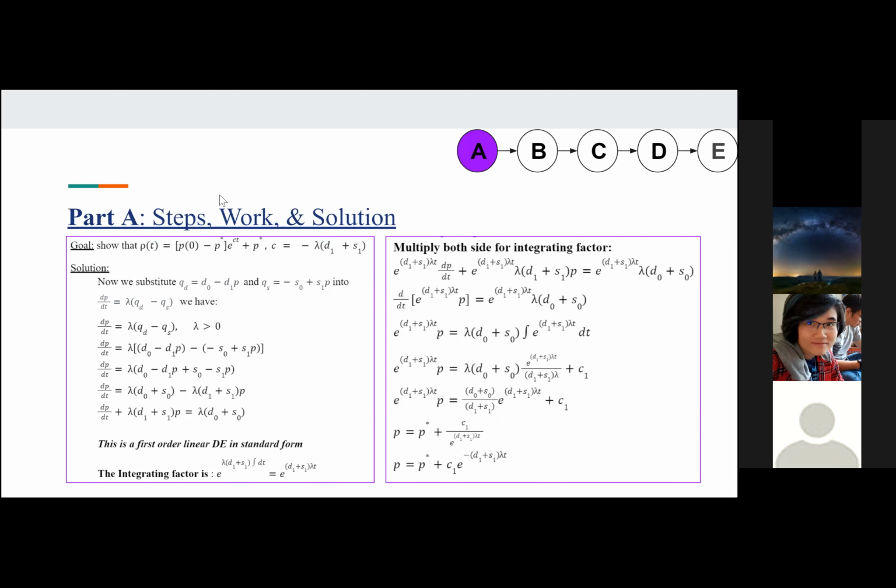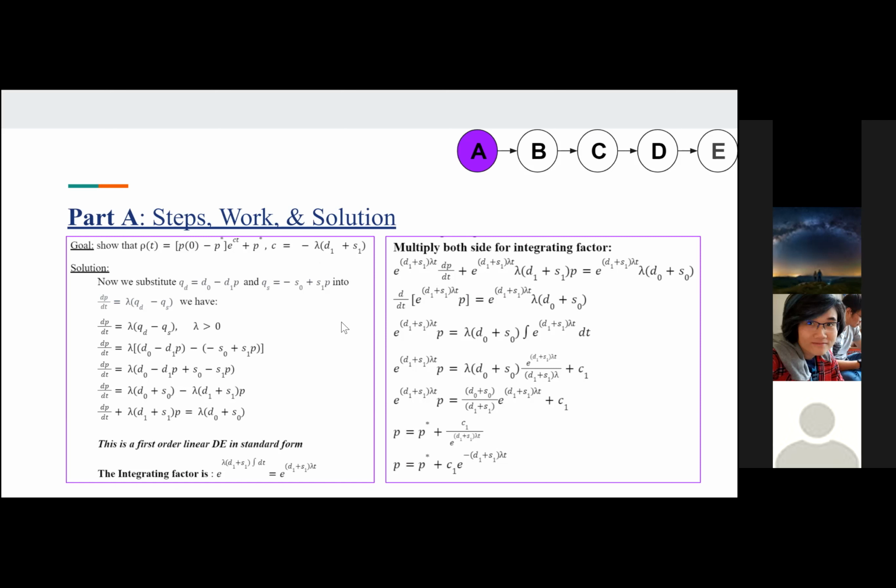Our goal in this step is showing that our equation for the price over time is P(t) equal to P0 minus P star, multiplied by e to the ct, plus P star, where c is equal to negative lambda multiplied by D1 plus S1. All of this is constant: lambda, D1, and S1 are constant.